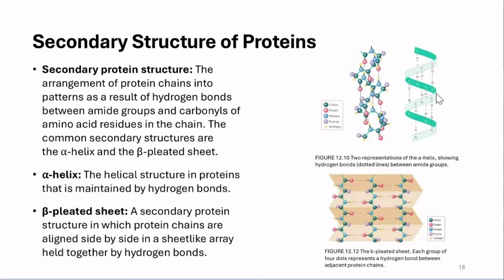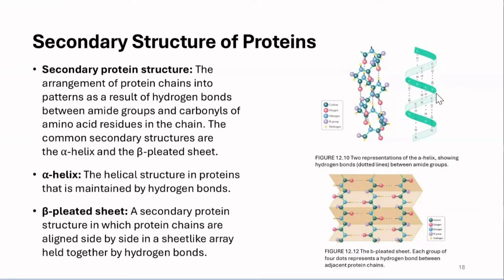Let's now move on to look at the next organization level for protein structure, which is known as the secondary protein structure. When it comes to the secondary protein structure, the arrangement of protein chains into these patterns comes from hydrogen bonds that are going to happen between amide groups and carbonyl groups of amino acid residues in the chain.